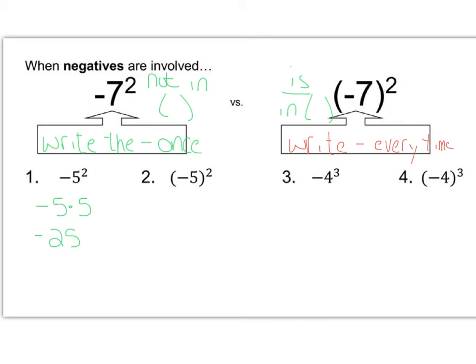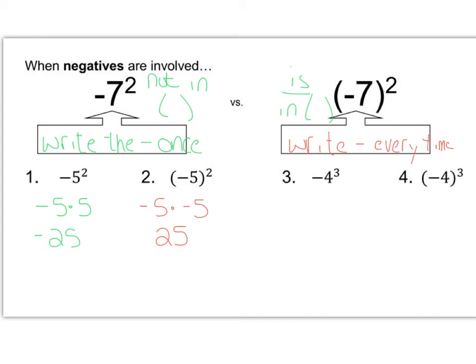So negative 5 in parentheses squared, this is in parentheses, you write it every time. So this is negative 5 times negative 5. Well, negative 5 times negative 5 is a positive 25. So notice on these, it made a difference in the sign of my answer, okay?